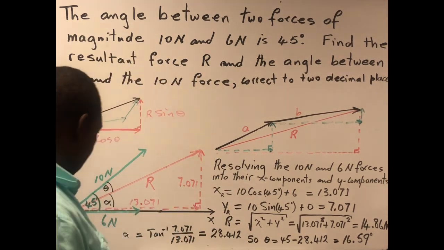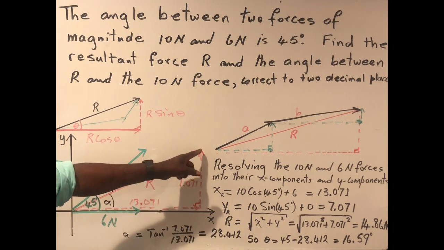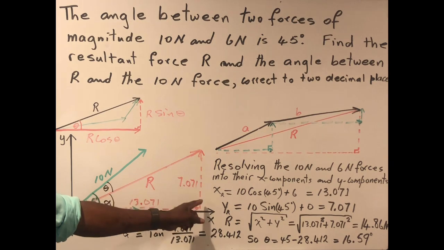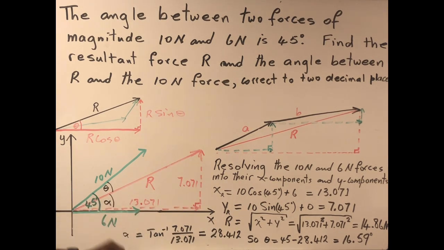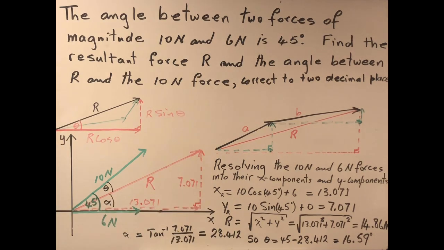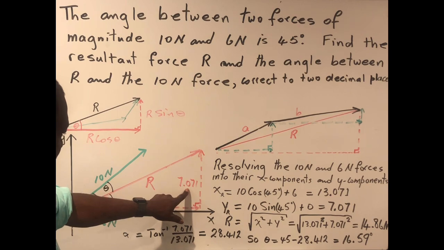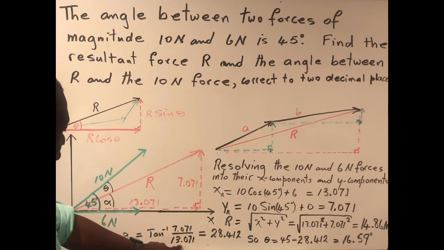That's it. And now to find the angle alpha, we'll use the tangent of alpha would be equal to the rise, the y component, over the run, which is the 13.071. So alpha would be equal to inverse tan of 7.071 over 13.071.